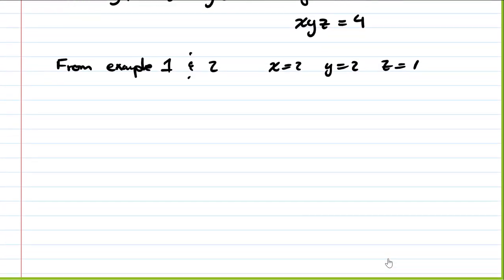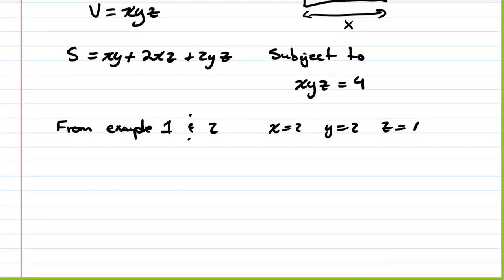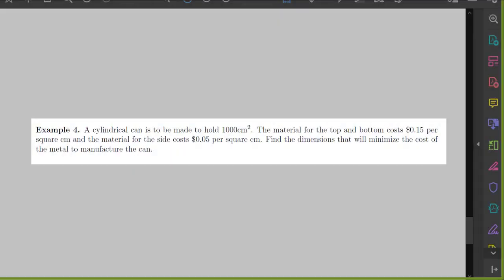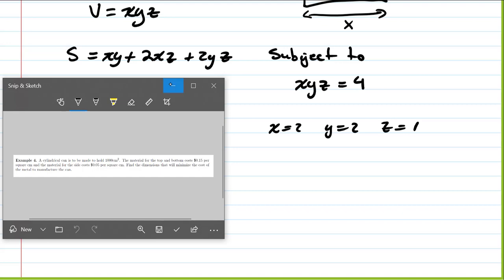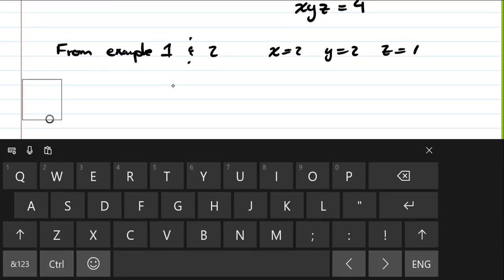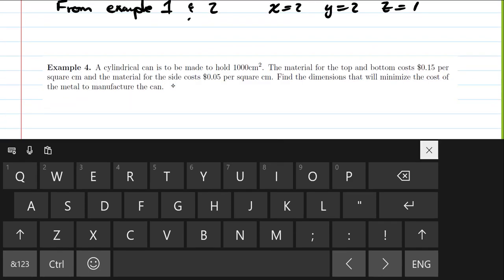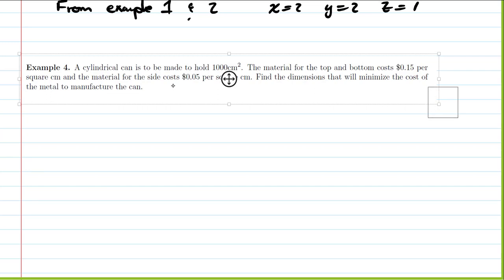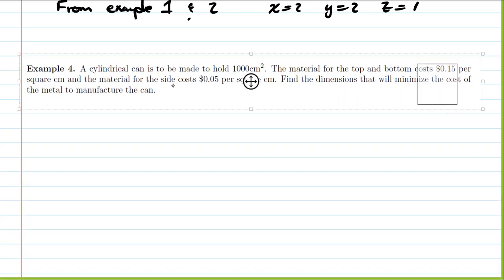All right, let's take a look at example number 4, and we haven't done this one yet. So we're going to do the same thing, but this time we're just going to focus on the setup. So this one says a cylindrical can is going to be made to hold 1,000 cubic centimeters.